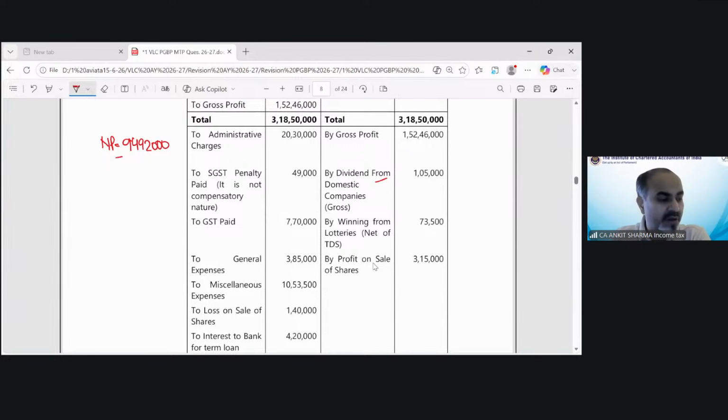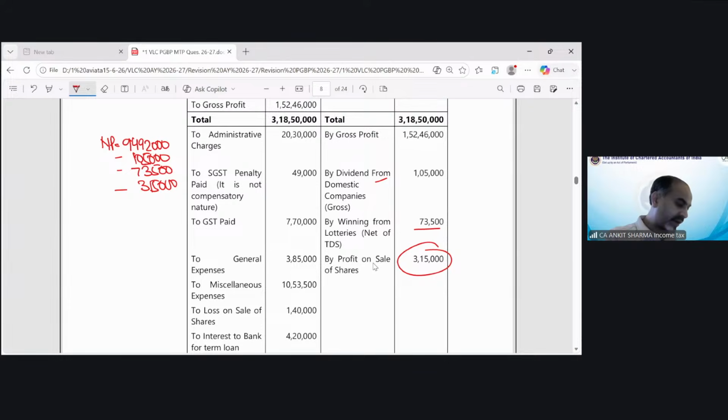Dividend is 1,05,000. Lottery, 73,500. Profit on sale of share, 3,15,000 rupees. This we are doing question number A.